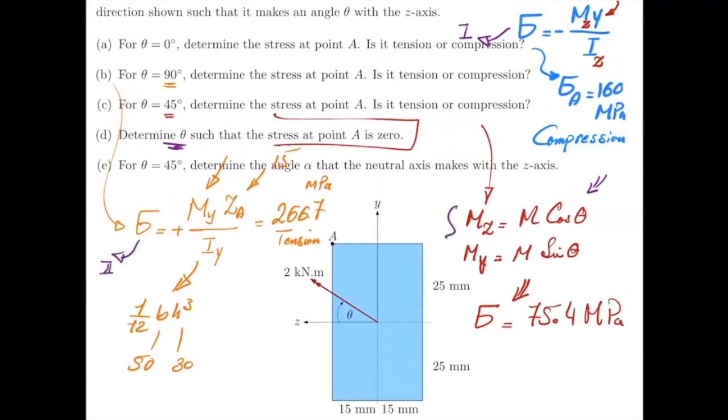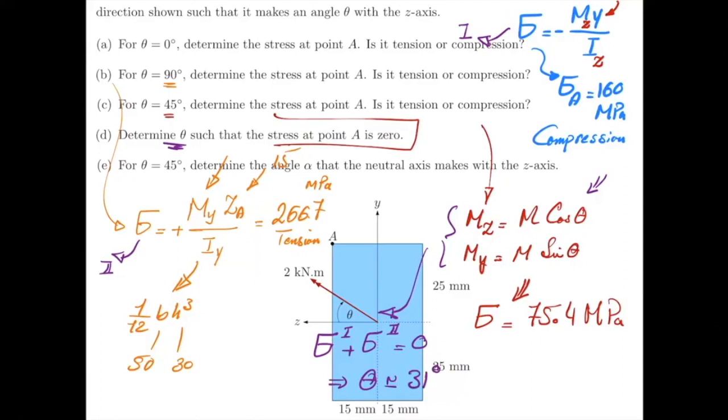Now, assuming that these are the formulas, all you have to do is set sigma 1 plus sigma 2 equals 0 and calculate theta. If you do that, theta would be almost 31 degrees. So it's really just one equation, one unknown.